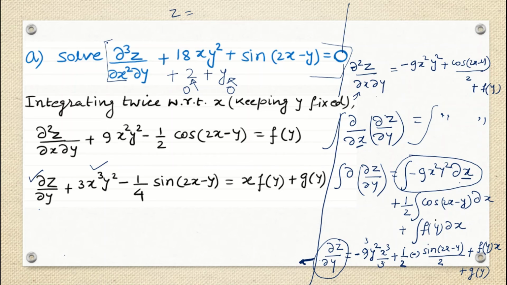Okay, one mistake I have done: integration of cos is not negative, correct? Differentiation of cos is negative, and this is positive only. So this was the mistake. So if I come to the left hand side, it will become minus 1 by 4 sine 2x minus y. And then right hand side I am keeping x into fy plus gy. Fine. So the same thing we have also got.